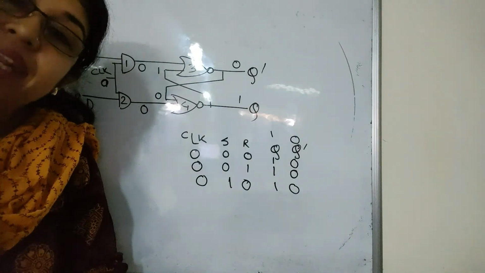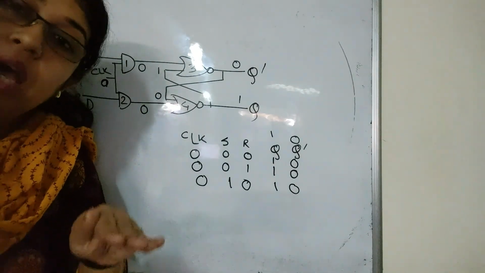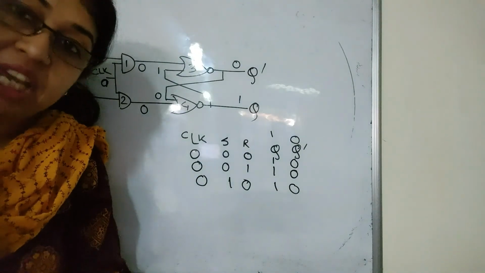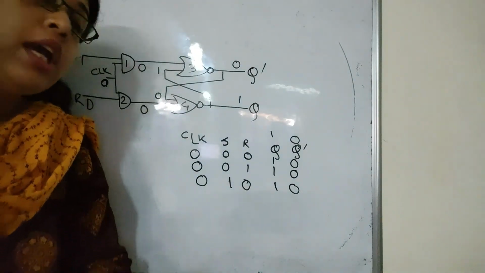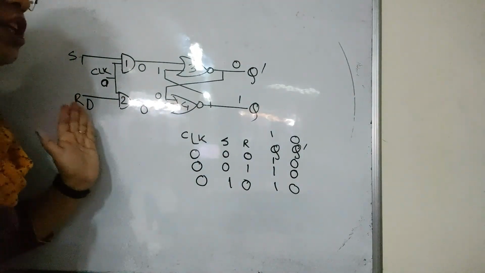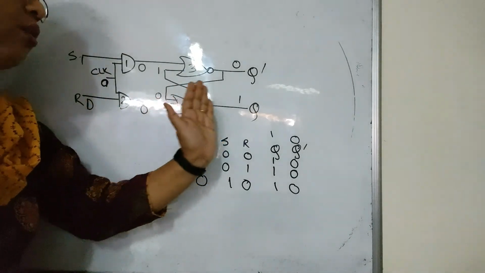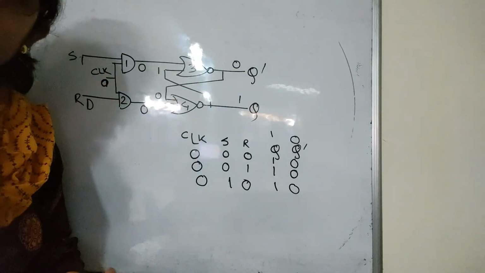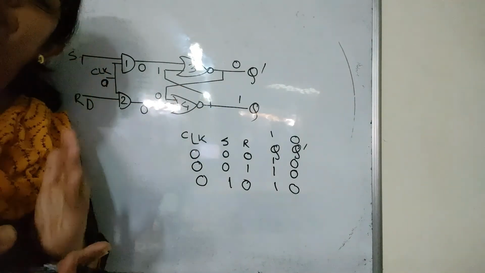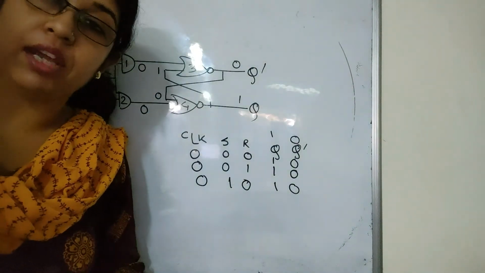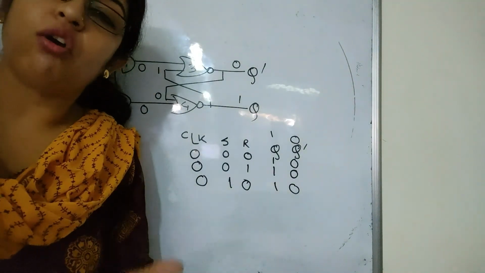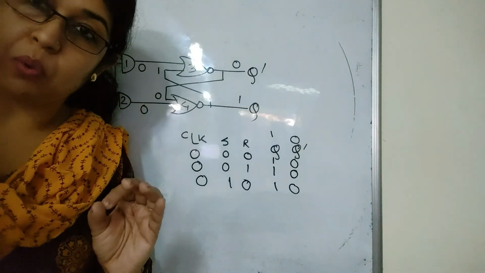It is remaining the same. So even if we change the input, it is not having any effect on the output of the flip-flop. As a result, the flip-flop has got deactivated when we have made clock value as 0.